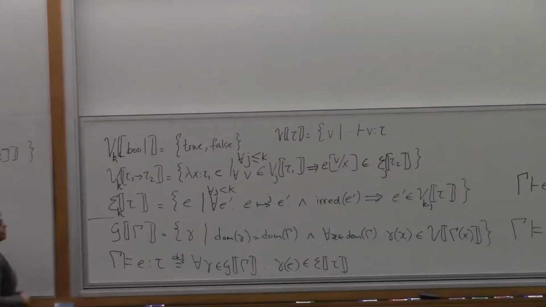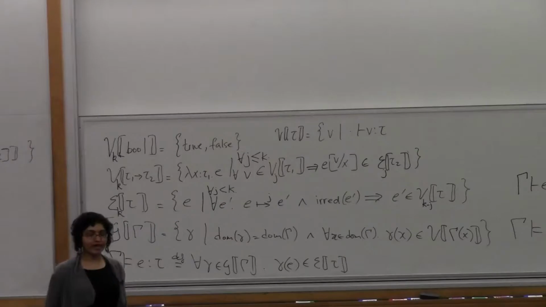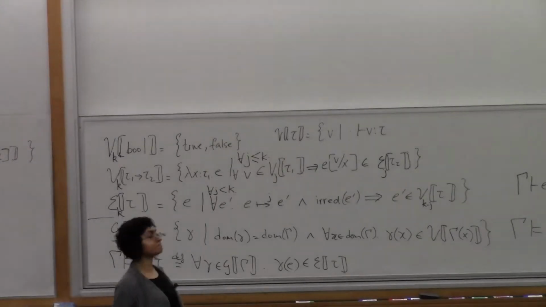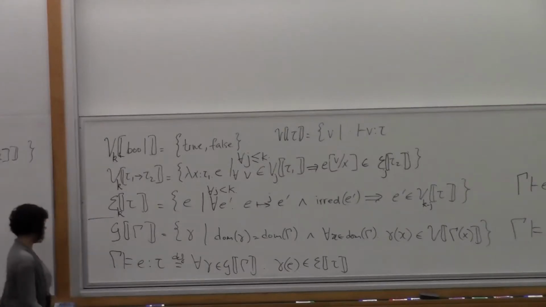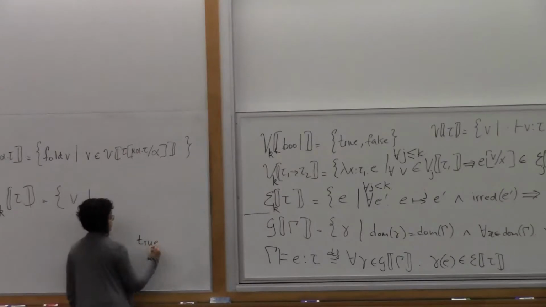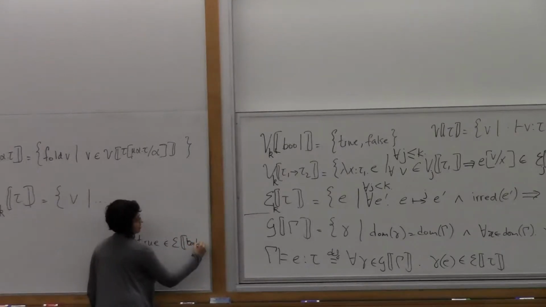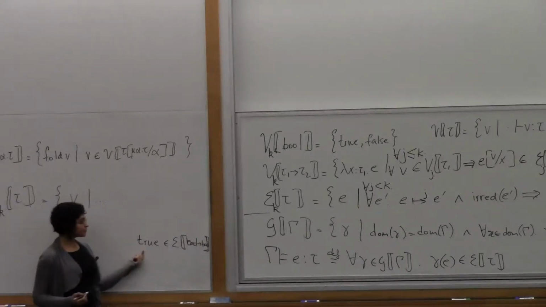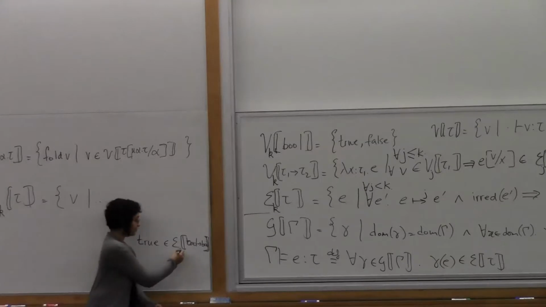All right. Now, coming back to the point of what happens when you have 0 steps left. When I have 0 steps left, is this true? Sorry. Does true behave like a function of type bool arrow bool for 0 steps?